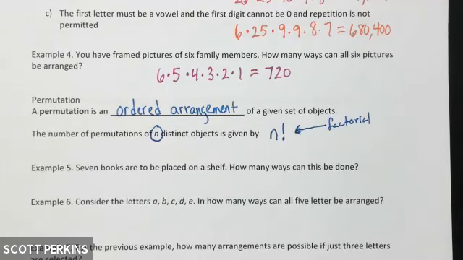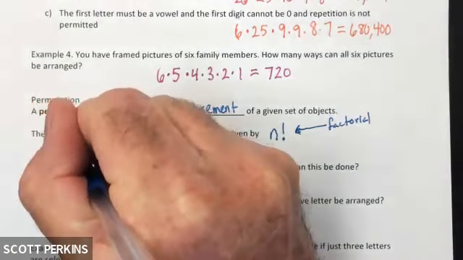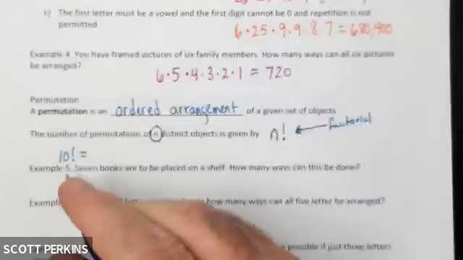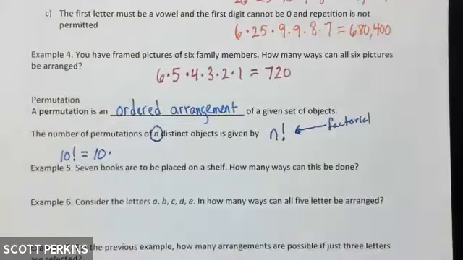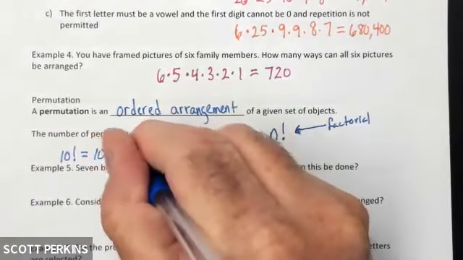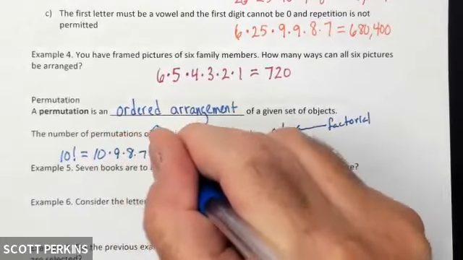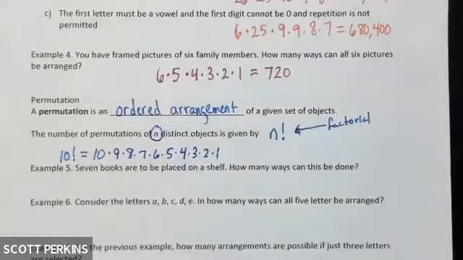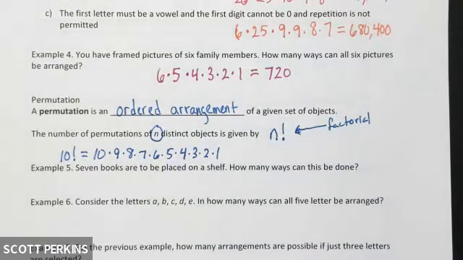For instance, 10 factorial means you start with 10, then go down: times 9, times 8, times 7, times 6, times 5, 4, 3, 2, 1, blast off. That's what factorial is telling you. You start with whatever number is there, and you keep multiplying all the way down to 1.